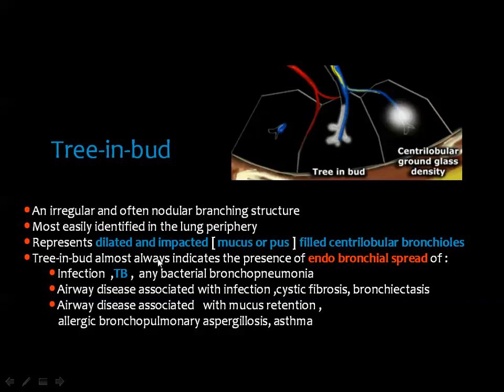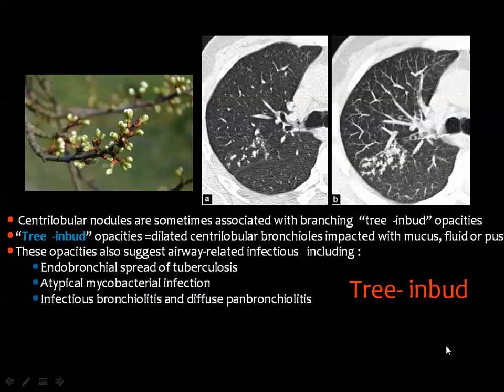And this means or almost always indicates that there is an endobronchial spread or transbronchial spread of infection, particularly TB, airway disease associated with infection like cystic fibrosis and bronchiectasis, airway disease associated with mucus retention like allergic bronchopulmonary aspergillosis and asthma. And this is the classic appearance of tree in bud opacities in the high resolution CT, and this is what we mean by tree in bud.